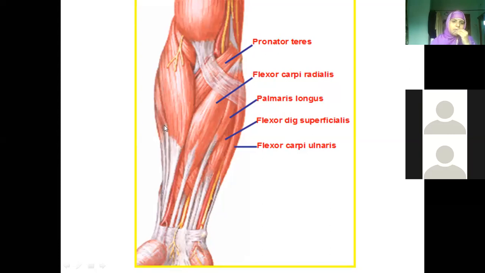And where we have brachioradialis, this muscle we studied yesterday as one of the boundaries of cubital fossa, this is the lateral boundary. Now let's start naming the muscles. Do you remember I told you the medial epicondyle of the humerus is the common flexor origin, isn't it?